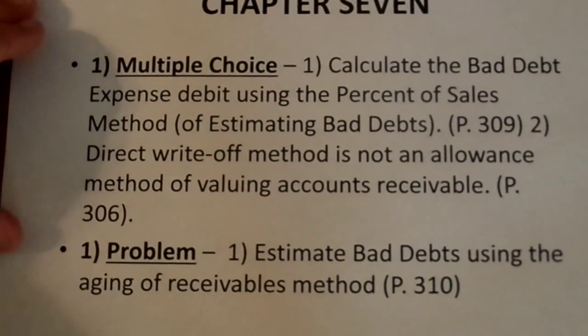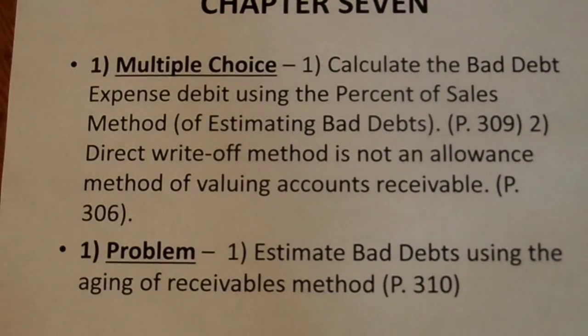The problem in this chapter is to estimate the bad debts using the aging of receivables method, and that's shown on page 310. So here, you're not going to be asked to do a journal entry, which would add a level of complexity. Instead, all you're going to be asked is, here's some basic facts about the balances in accounts receivable that are on time, 1 to 30 days late, 31 to 60 days late, and so on.